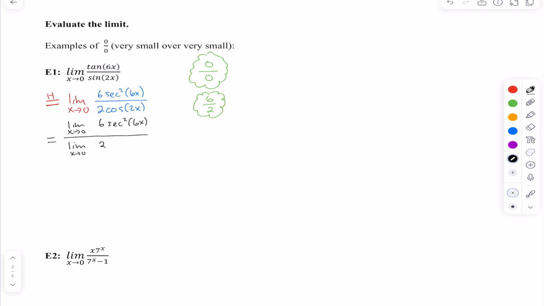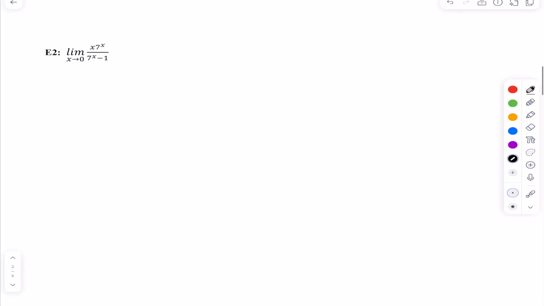This is the only time you could actually write a limit law, by knowing that the limit of the numerator exists and the limit of the denominator exists. And notice you indeed get what? You can evaluate now, which is 6 over 2, and you no longer have to write the limit notation. That's pretty cool. And you can see how powerful L'Hopital's rule can be depending on the scenario.